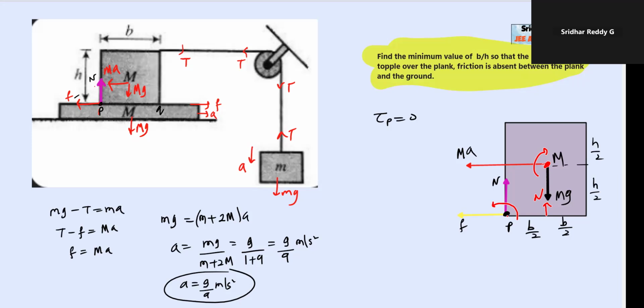So torque due to friction will be clockwise, no? You can talk about the tension also acting, I think. Normal reaction will shift towards the right.